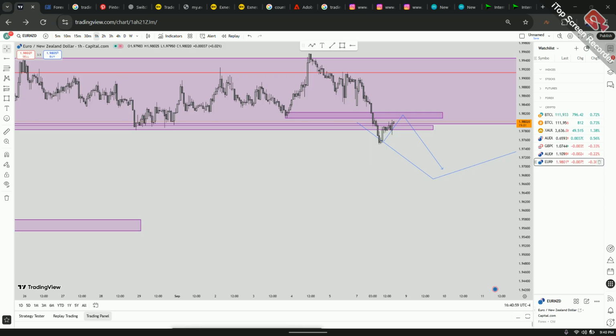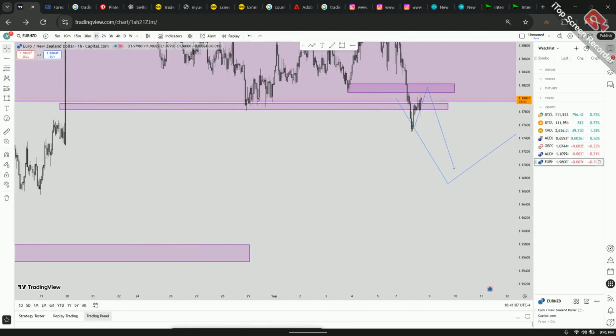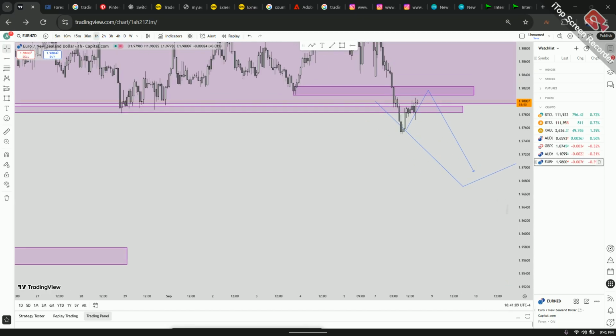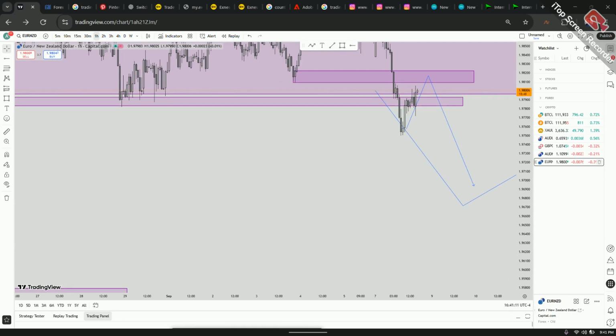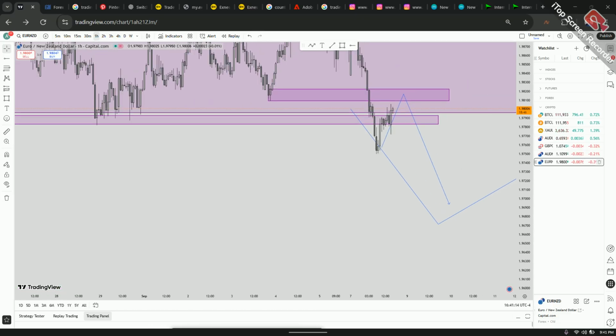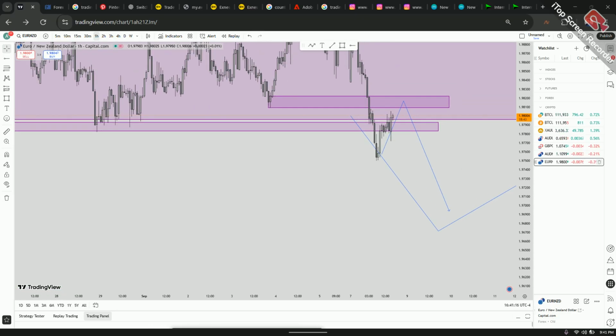Even from the weekly time frame, it was giving us change of trend. The market is about to sell. So that's one of the reasons you should check your higher time frame before making your decision. So now we're on the 1 hour time frame.